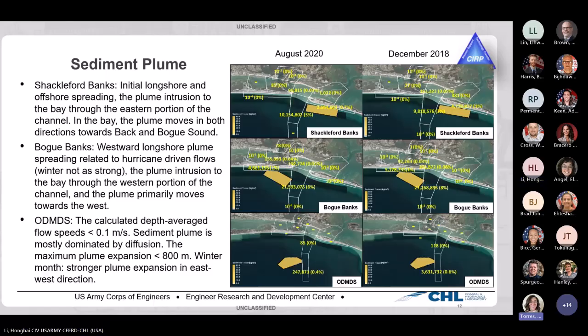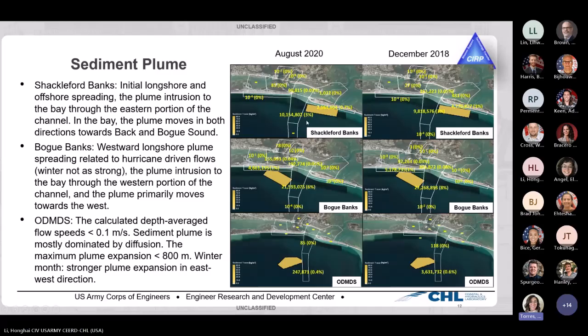And then I put the mass that got into each area, to see how much mass stays in the offshore area, how much goes into the bay, and which side it will go. And here is a summer case and a winter case.